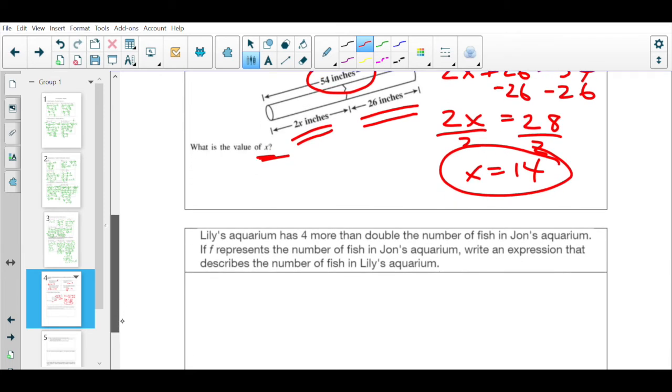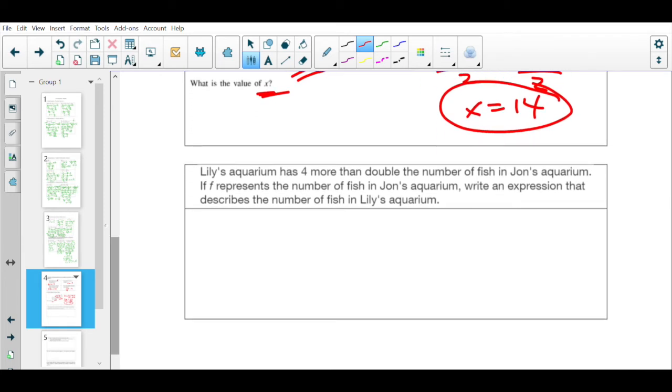Good. Lily's aquarium has 4 more than double the number of fish in John's aquarium. If f represents the number of fish in John's aquarium, write an expression that describes the number of fish in Lily's aquarium. So let f equal the number of fish for John.